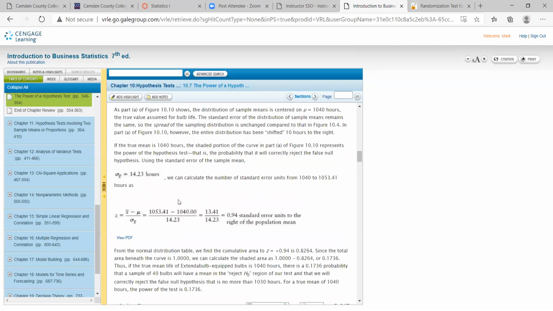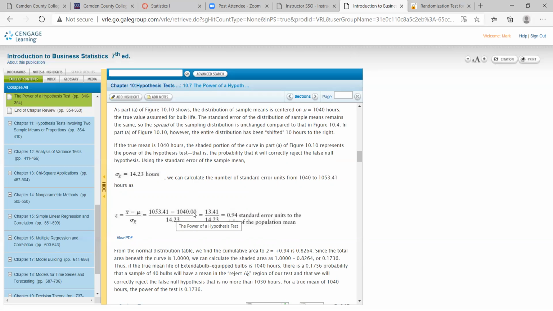Let's assume we pick 1040 as our mean. All right, we're just picking a value bigger than 1030. We're going to select 1040. Now suppose our sample mean is 1053.41. That's what we came up with. It's a right tail test.